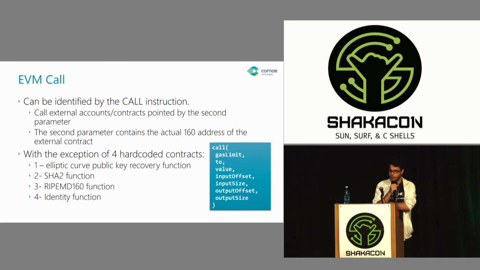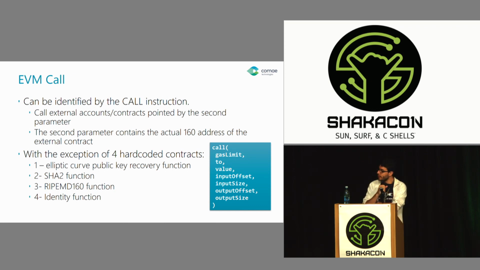The first parameter will be the gas limit. One of the specificities of the EVM is that you allocate, just like with an instruction cycle on a regular machine, a limit, so you are sure it won't exhaust too much computer power.